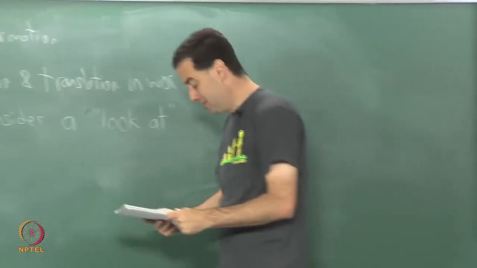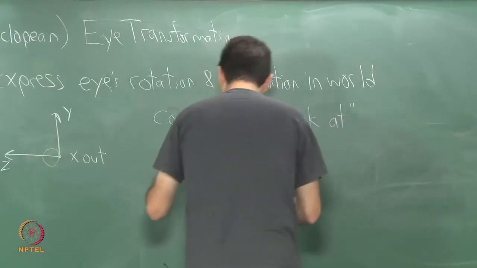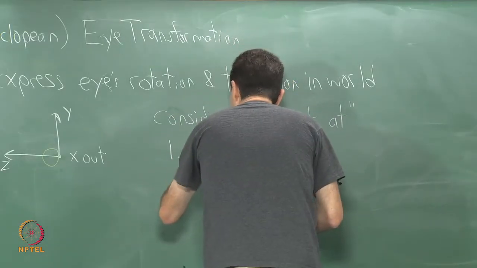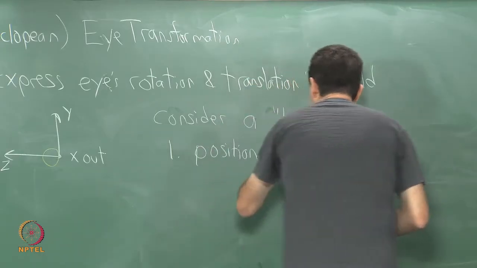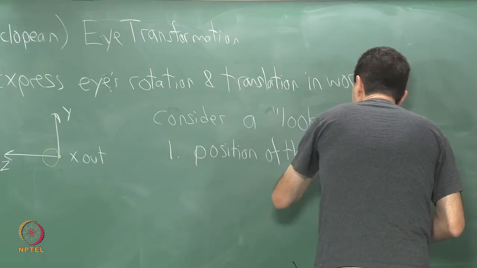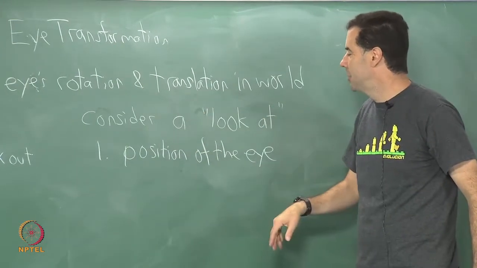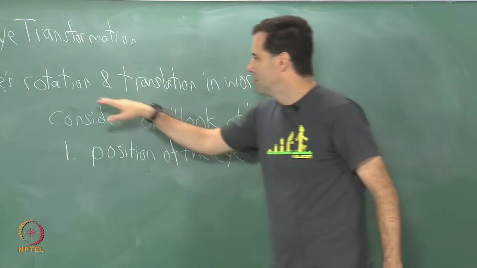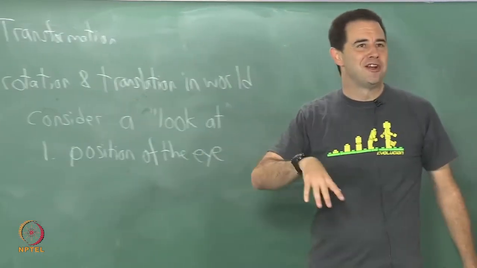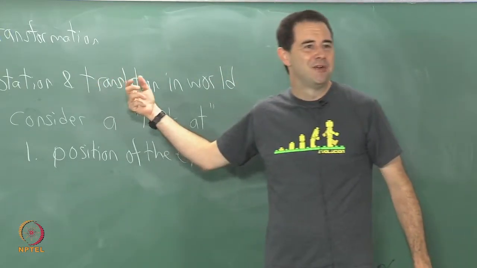So here's how this works. We have three things. We have 1, the position of the eye. Sometimes I'll say position, sometimes I'll say translation, sometimes I'll say orientation, sometimes I'll say rotation. So rotation and translation are the operations, and then the result is orientation and position, correct?